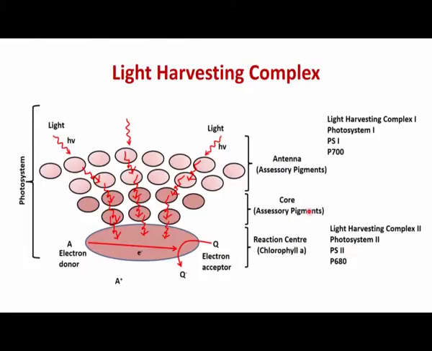The quinone and the oxygen evolving complex are very much required for the photolysis of water to release the electron, and that electron participates in the electron transport chain.